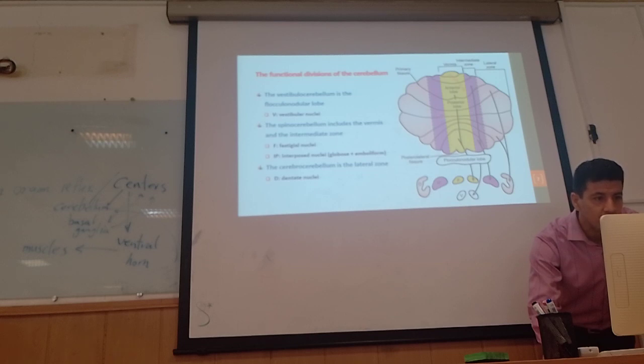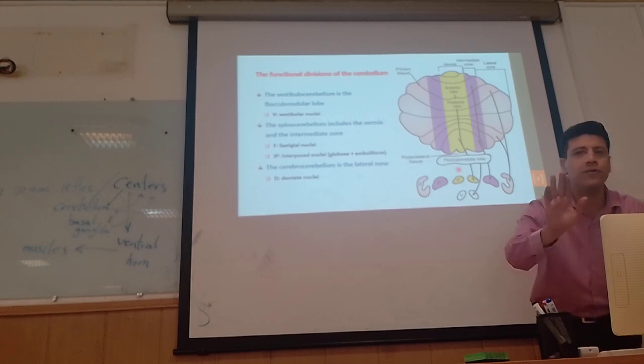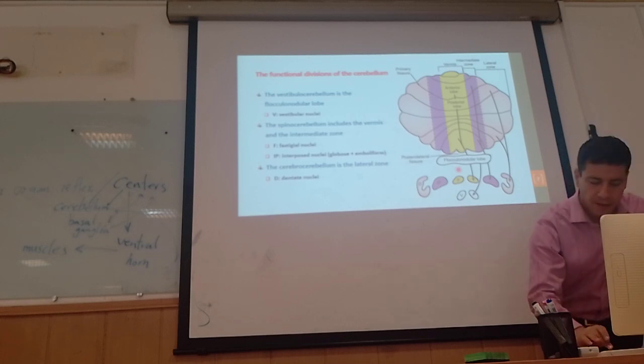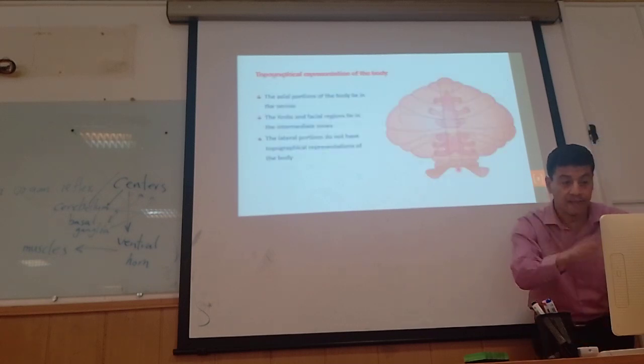So we call this the spinal cerebellum, as they have connections with the spinal cord. And the cerebral cerebellum is the lateral zone, which is connected to the dentate nucleus. The dentate nucleus is larger than all of the other nuclei. So that was a brief look at the anatomy of the cerebellum.